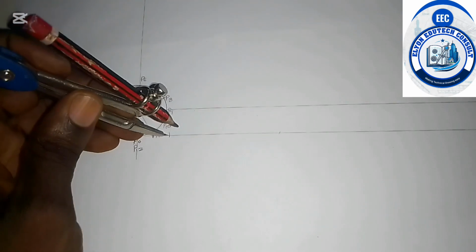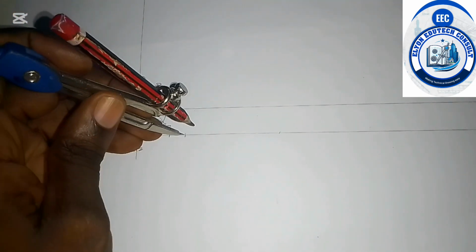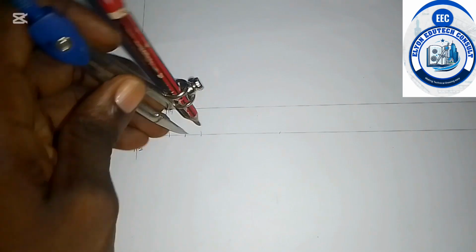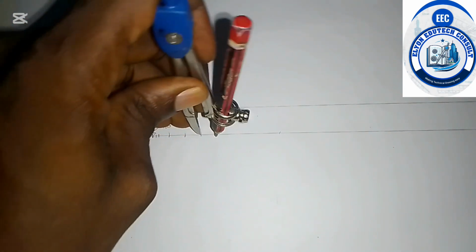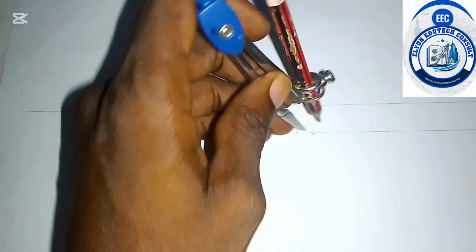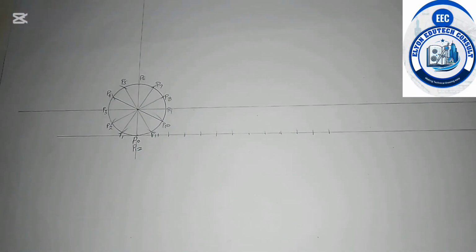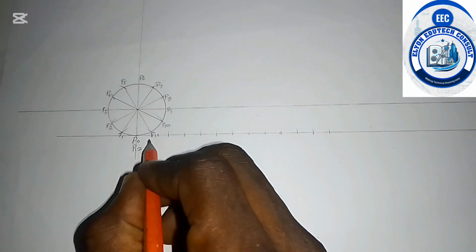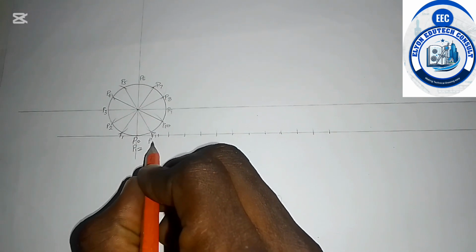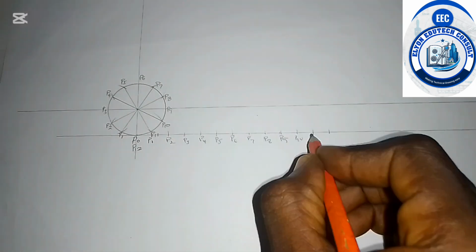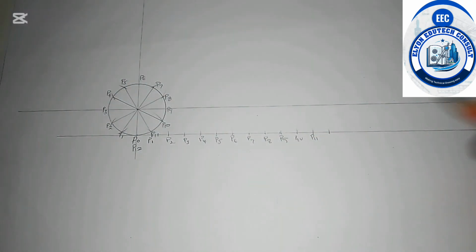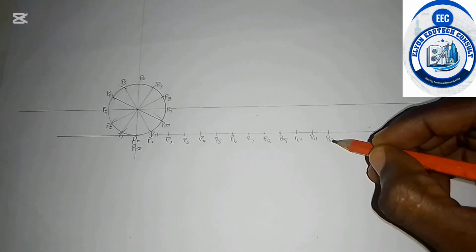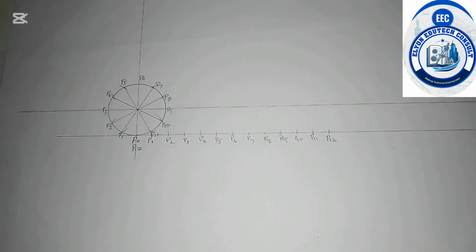So this is 2, this is 3, 4, up to 11 and 12. Let me number them. So this will be my P1, this is P2, and P11, and this is P12.